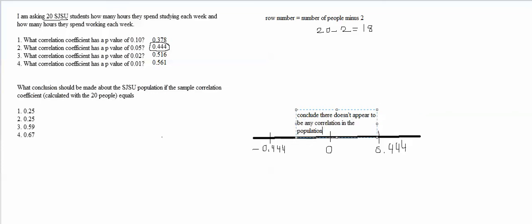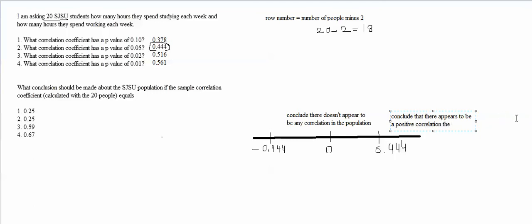Conclude that there doesn't appear to be any correlation in the population. That's the middle area. The upper area... so we have 3 sections of this number line.